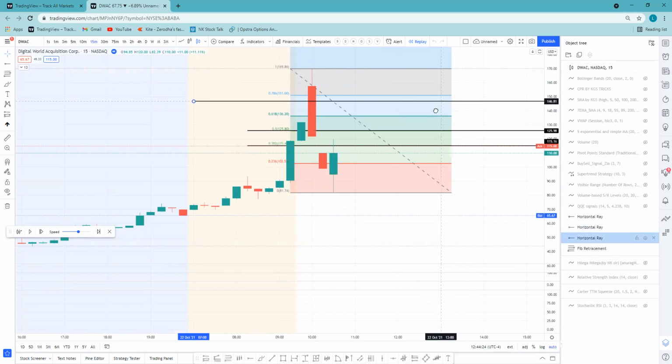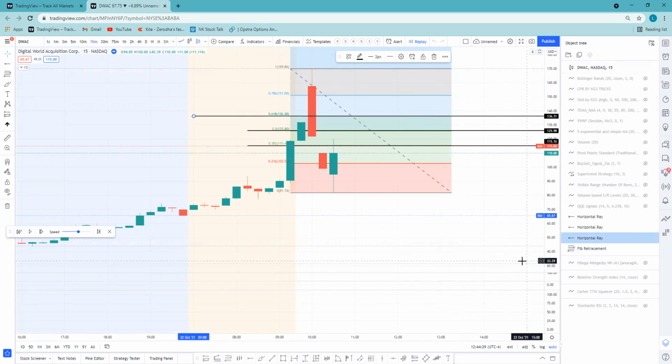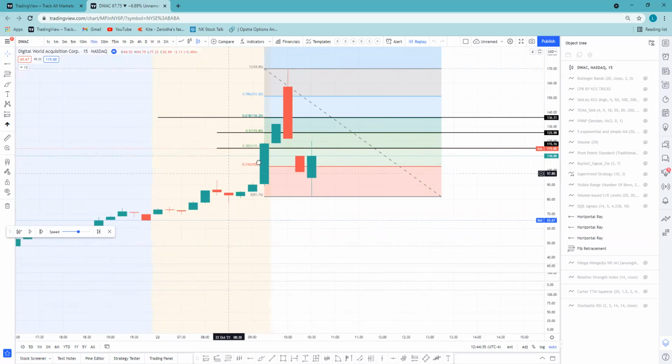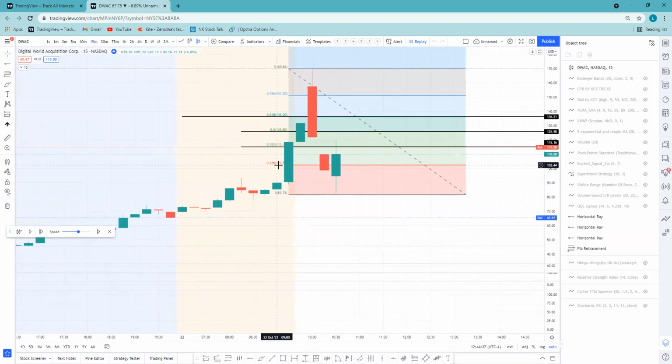And this one, I'm going to put on the 61. Always remember, if the price is not able to breach the 23 level or the 61 level, like this red line, that means the price is very weak. Usually the price retraces up to the 50 or the 60.